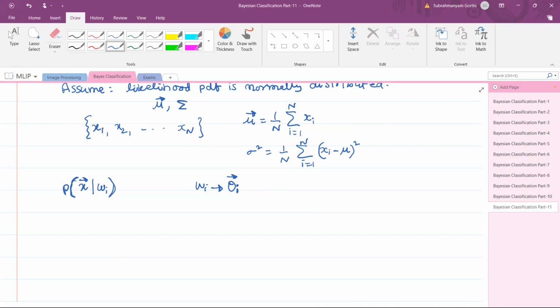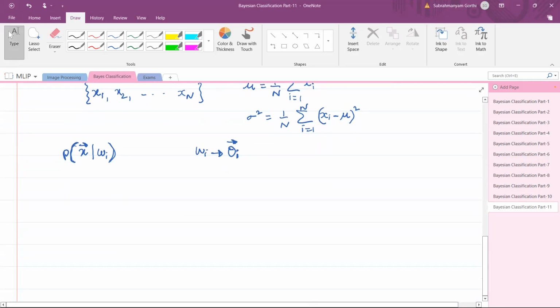First, there are some assumptions that we are going to make in order to make this problem solvable. For a given class I have samples, and I assume that the parameters of a given class are independent of the parameters of the other classes. In other words, the mean and variance that I need to estimate for this class are independent of the mean and variance values that I would be getting for other classes.